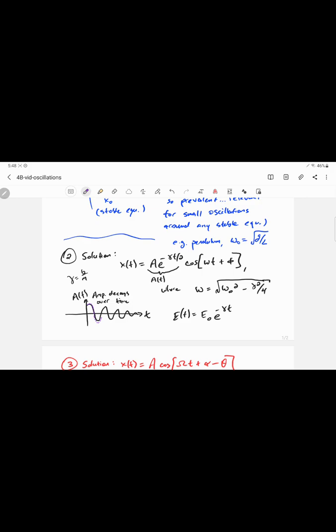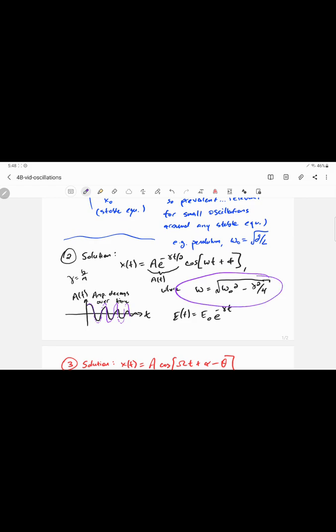Imagine this thing wasn't decaying, so it kept the same amplitude over time. The frequency is very, very close to the same whether there's damping or not. So the period is almost identical right here.